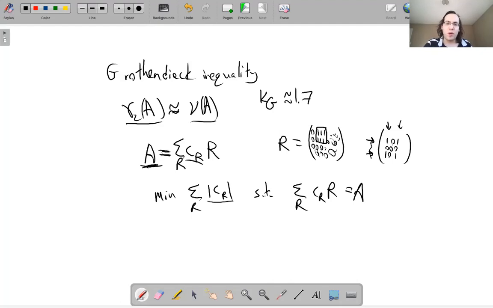Now, whether we do rectangles or rank 1 sign matrices is sort of going to be just the difference between whether we represent the polynomial in the +1/-1 basis or the 0/1 basis. And so that can change the coefficients. So with a lot of hand waving, this measure is a bit like taking the sum of absolute values of coefficients of a polynomial, and it's a polynomial that only approximates the function, because we want A to merely approximate F when we deal with the approximate gamma 2 norm.